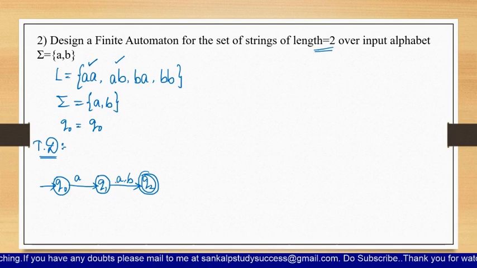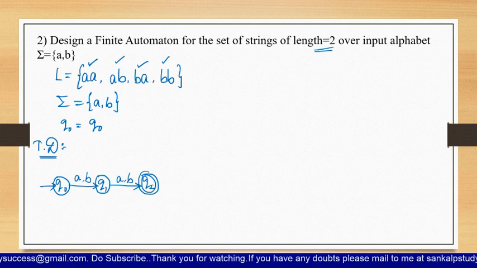Starting from Q0, B also moves to Q1, and then A moves to Q2, so it is accepted. If you consider BB, it starts with B, is followed by B, and reaches the final state. That means all four valid strings are accepted in this case.